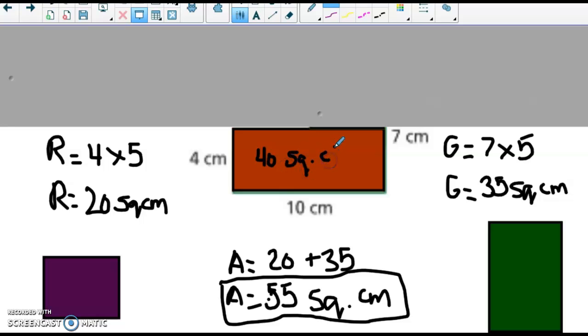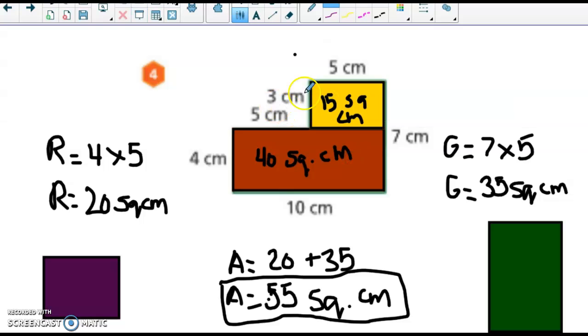Okay, so if I were to put those two areas together, 15 square centimeters plus 40 square centimeters, 40 plus 15 would still be 55 square centimeters. So that is another way that you could have broken up your rectilinear shapes into smaller rectangles.